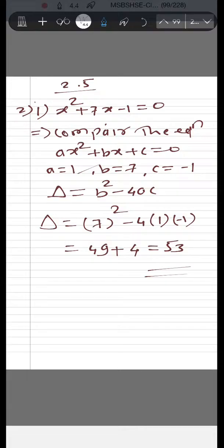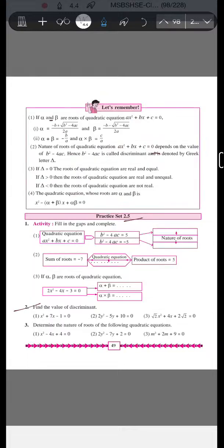This is how you have to solve. So simple. Now question number 3 is given here.